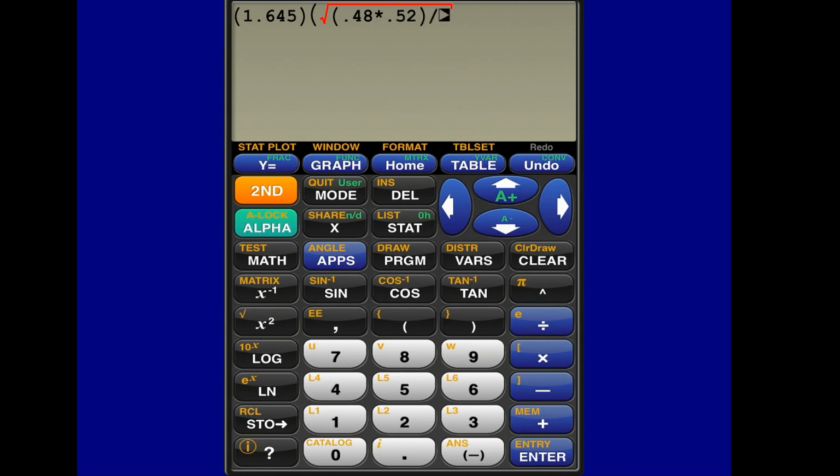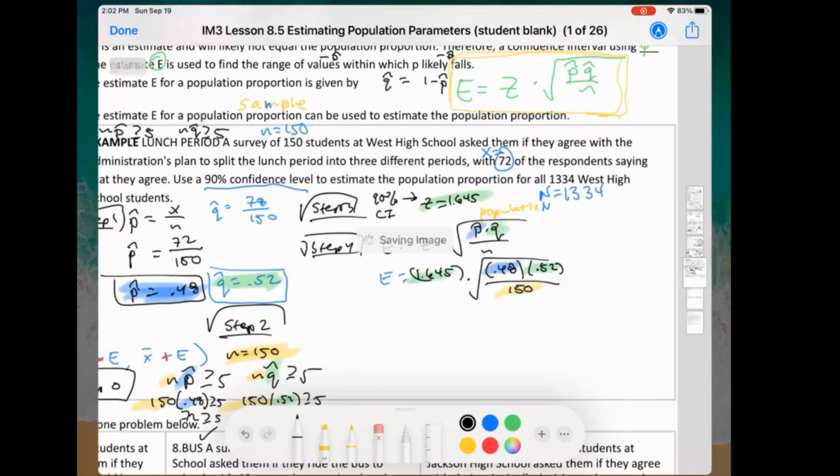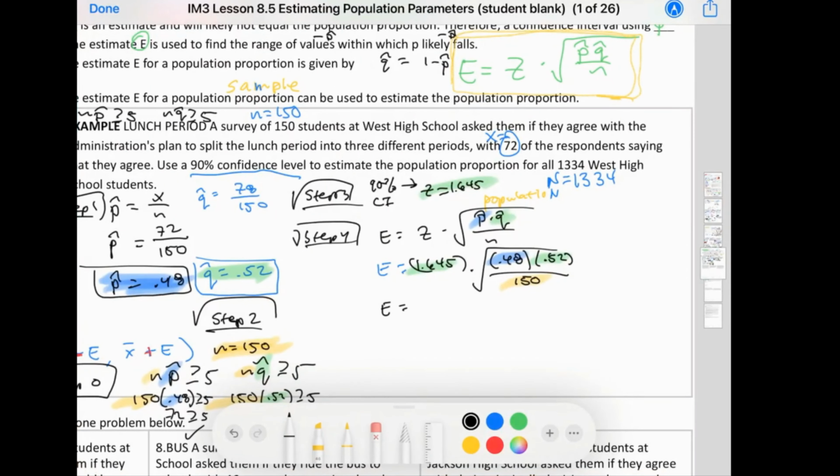Close the parentheses, divided by 150. And then I'm going to close the parentheses. Okay? That gives me a number of 0.07. E here represents 0.07.